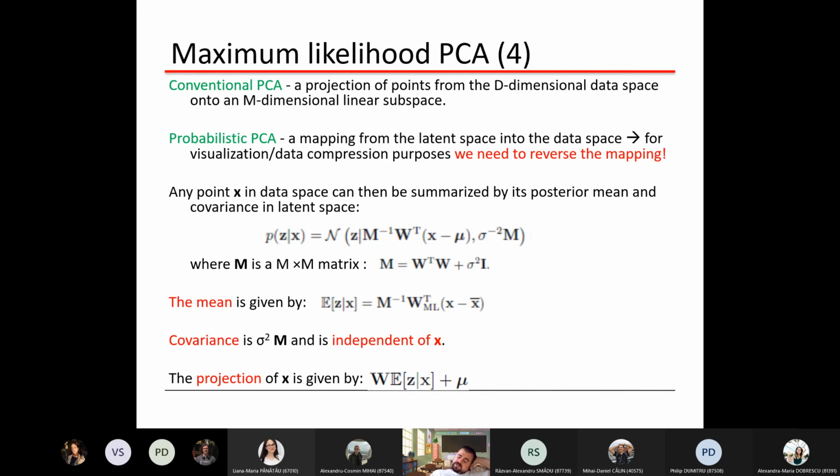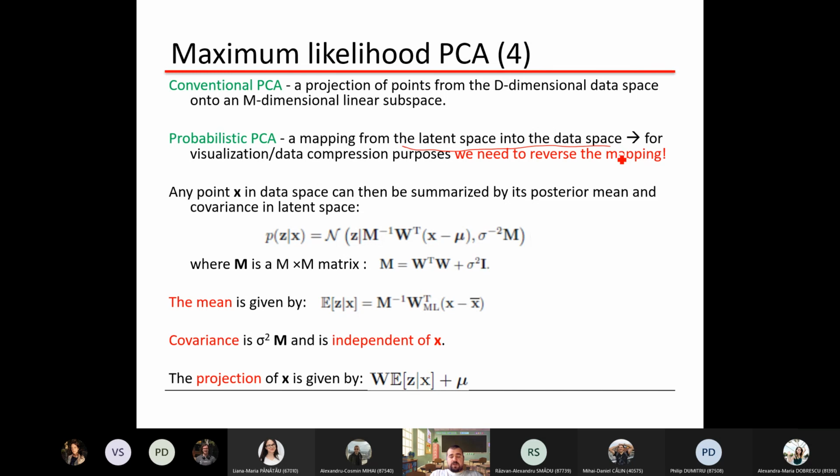But before, there is another thing that we need to think about. In conventional PCA, we have a projection of points from the d-dimensional data space onto the m-dimensional linear space. In probabilistic PCA, we have a mapping from the latent space to the data space.